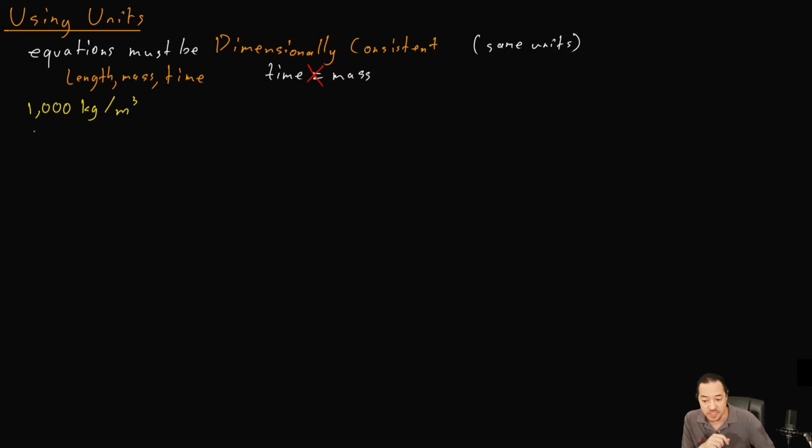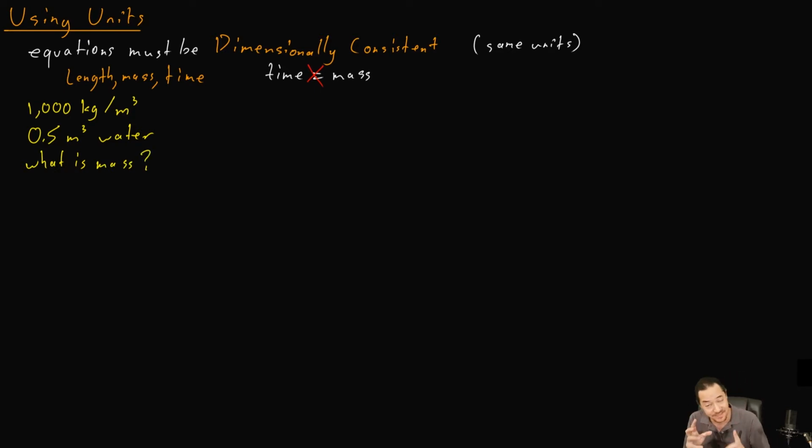And I'm also going to tell you that I've got half a cubic meter of water right here, and I want to know what is the mass of this water.